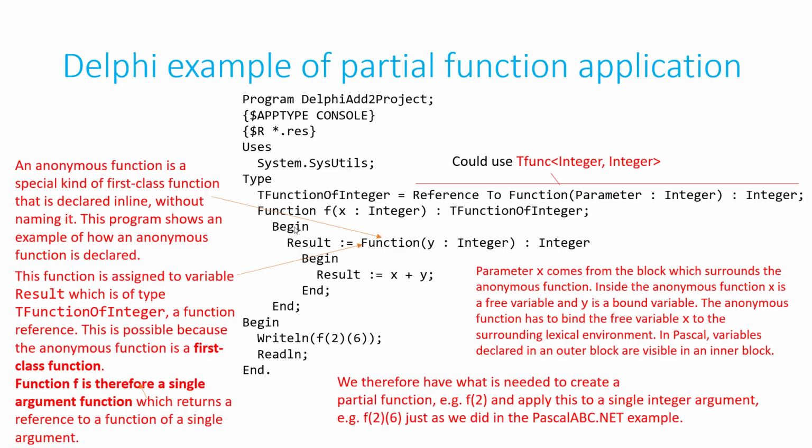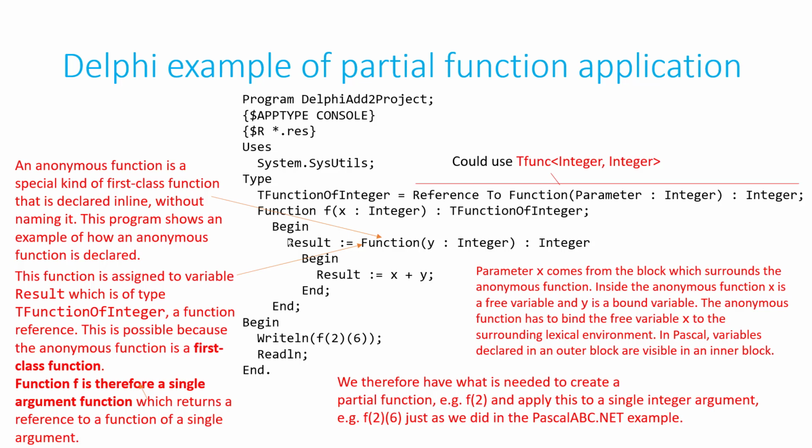Now I've declared an ordinary function with name f, which takes a single integer argument and returns a function type, T function of integer, data type value.